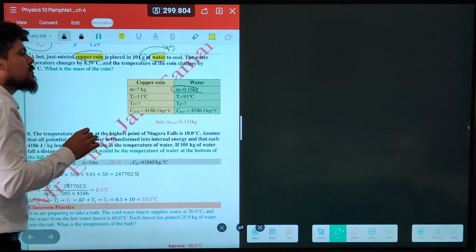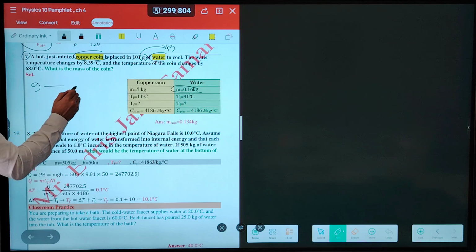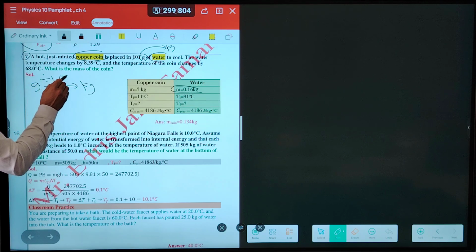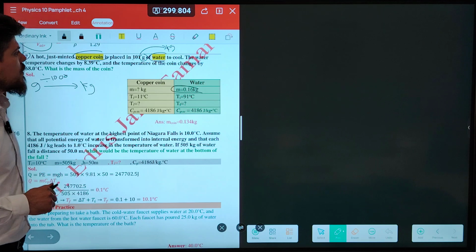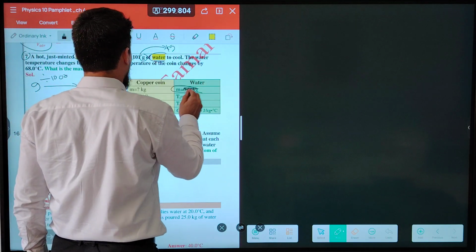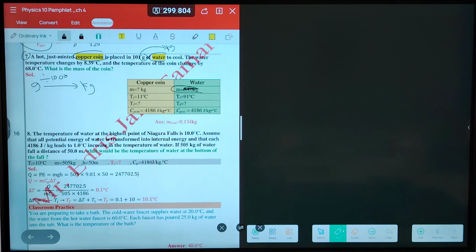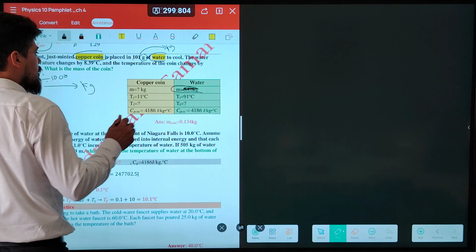It is not allowed to solve the question with gram. How can you convert gram to kilogram? Divide by 1000. So the mass of water is 101 divided by 1000. I got 0.101.